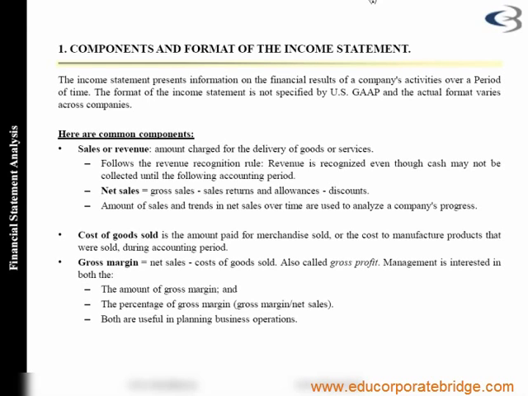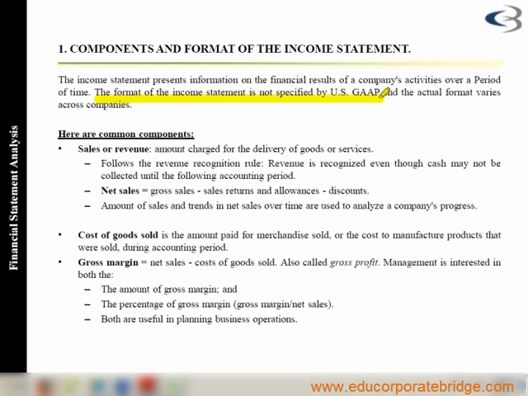The format of the income statement is not specified by US GAAP, and the actual format varies from company to company. So US GAAP does not provide a specific format. They provide the line items which should be there, but they don't provide a specific format. You can always customize it.